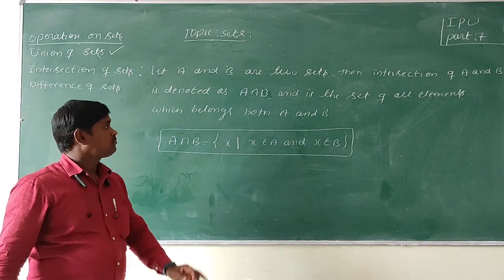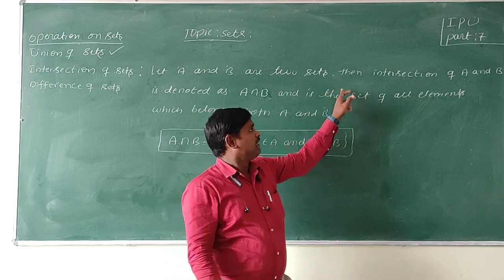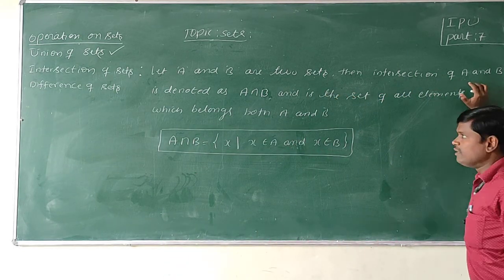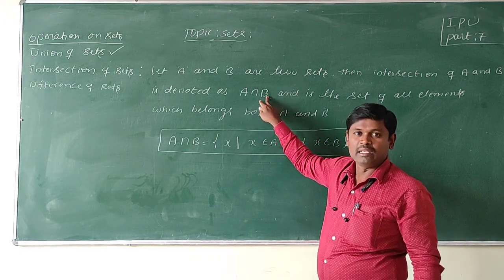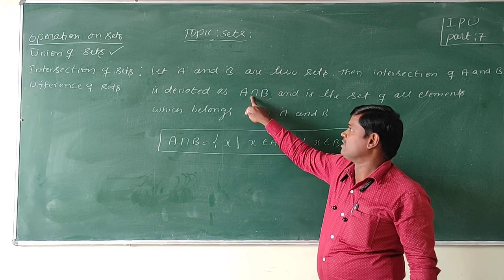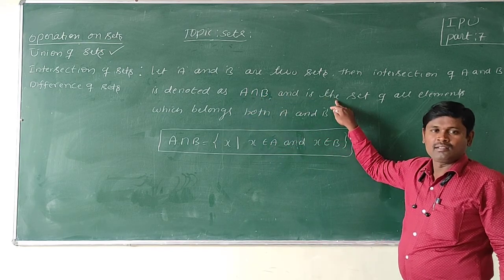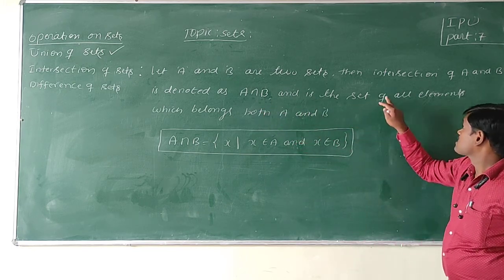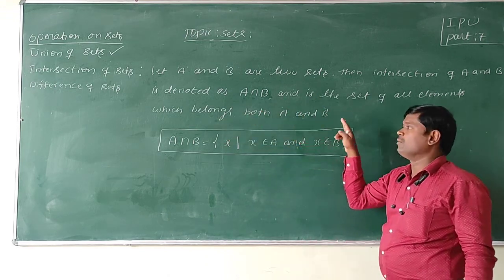Once again, if A and B are two sets, then the intersection of A and B is denoted by the symbol A intersection B, and this is read as A intersection B. That means A intersection B is the set of all elements which belong to both A and B.